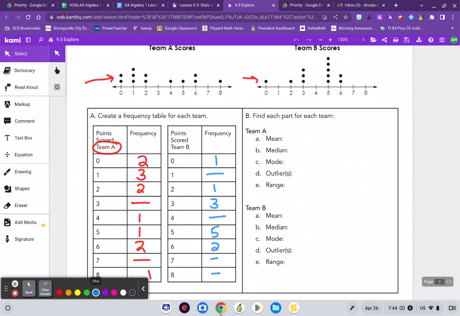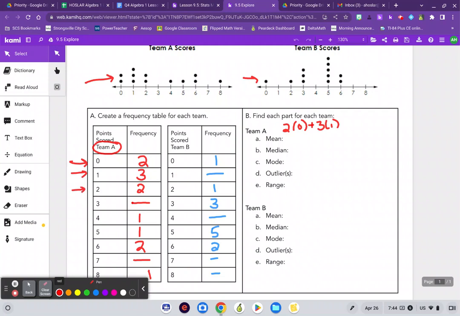All right, so part B says find each part for each team. So I need to find the mean, median, mode, outlier, and range. For Team A, if I'm going to find the mean, there were 2 games where they scored 0 goals, and 3 games where they scored 1 goal, right? I'm just taking this straight from my frequency table.